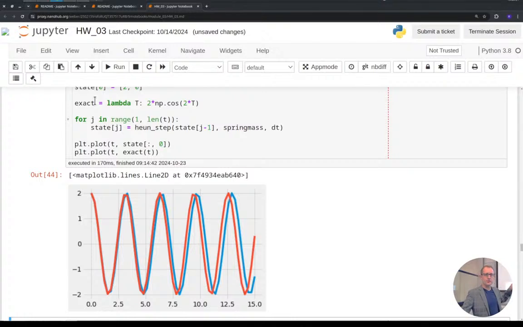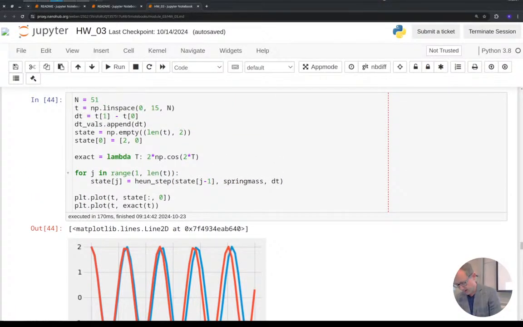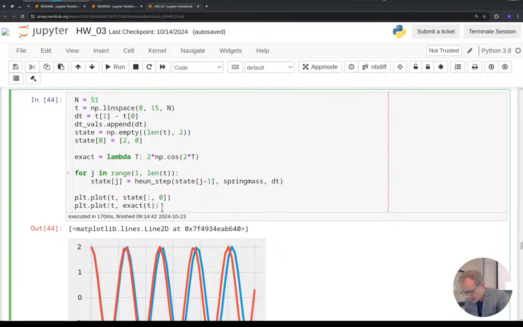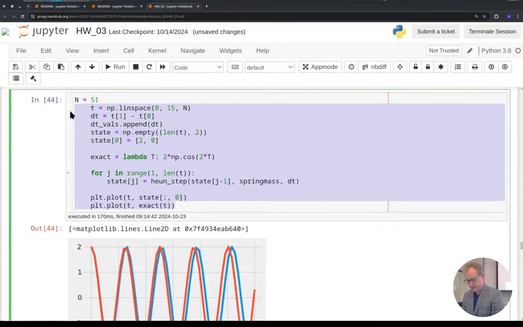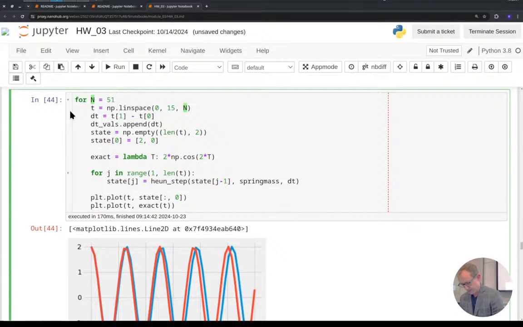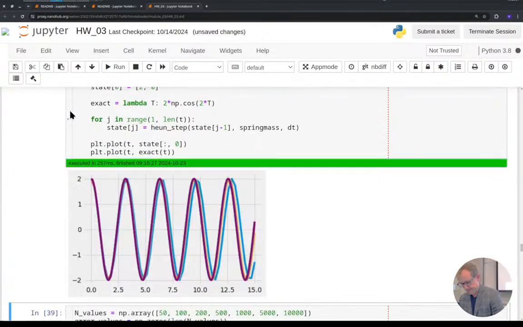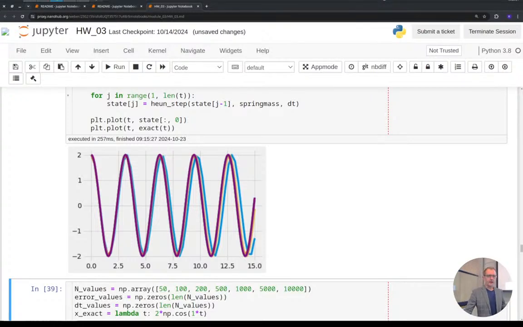And this is a great visual check if you plot your answer versus what you expected the answer to be. I think it's a great way to look at convergence. Is it converging to one thing? And even if you didn't have that exact answer, you could say for n in a range, look at how, as I keep increasing n, the answer should get better as I increase the number of steps.